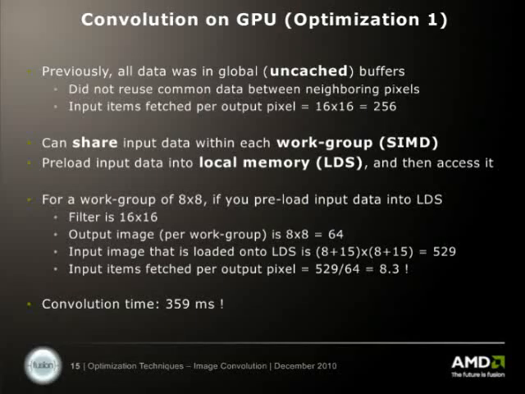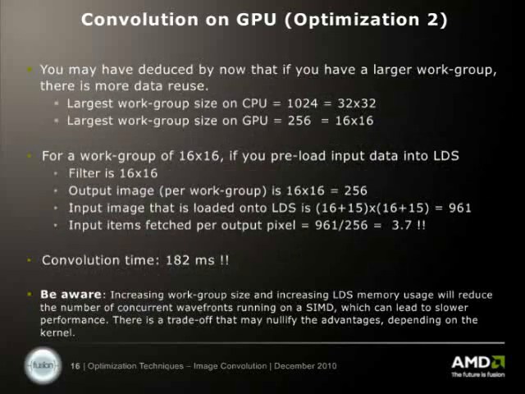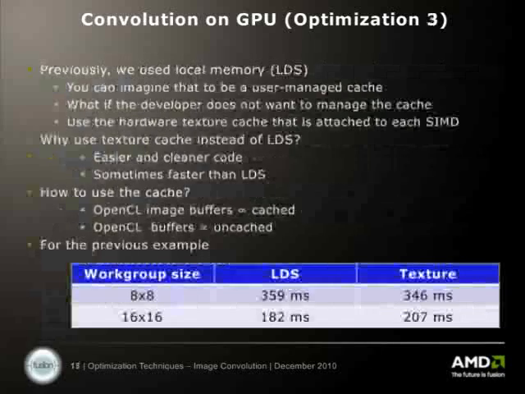Compared to the previous slide, 8.3 items read per pixel, 359. Compared to the previous slide, 256 items read per output pixel and 151 milliseconds, right? So the first optimization that we did was put data into LDS so that we start reusing it.